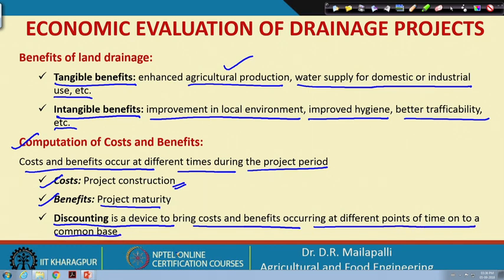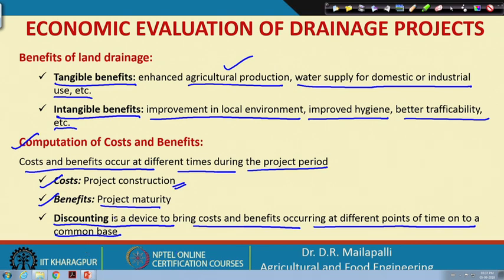Since the costs and benefits are happening in different time periods, in order to understand whether the investment you put in now is really worth it in the particular project, or whether you will get the benefits after 20 years, in cost benefit analysis we bring both benefits and costs onto the same base and compare whether we get profits or not.